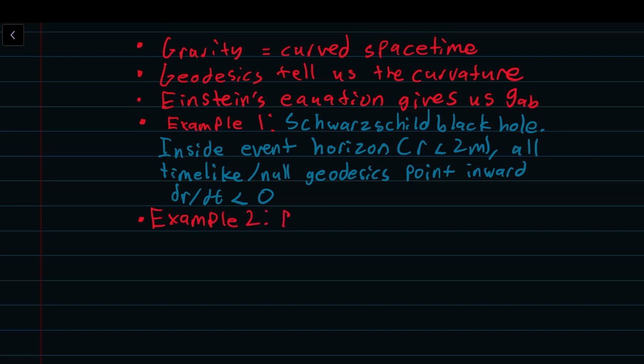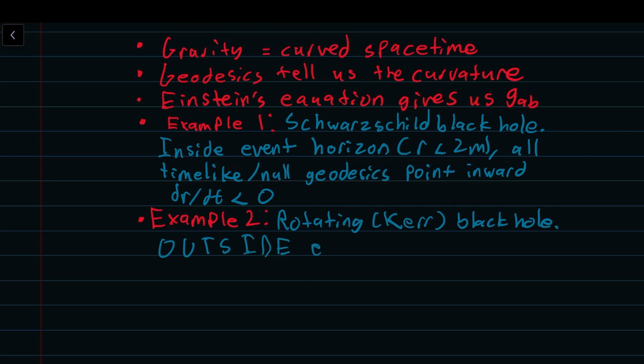Next, we looked at our second example, which was a rotating black hole, also called the Kerr metric. And so what we did in that case was to examine the properties of the ergosphere. So we already know that in the event horizon it gets sucked in, so we didn't need to examine that again.